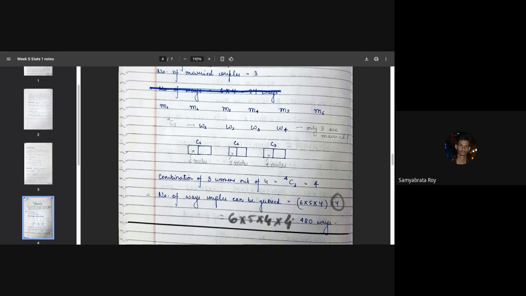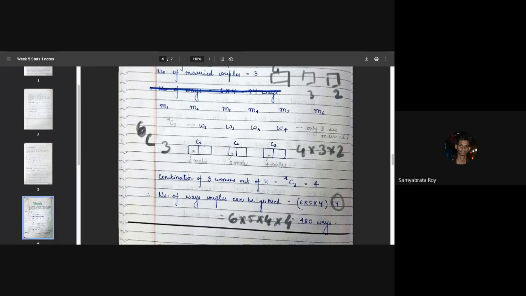You can ask why we are allocating the men first. You can do the vice versa as well. So in that scenario, what will you have? You have 4 choices initially, then 3, then 2, right? 4 into 3 into 2, and then again you will be choosing 3 men from 6, right?